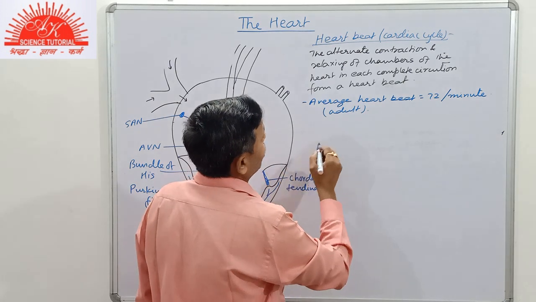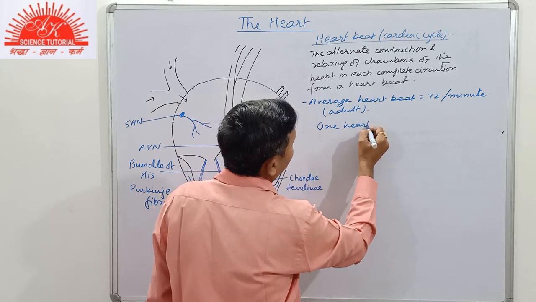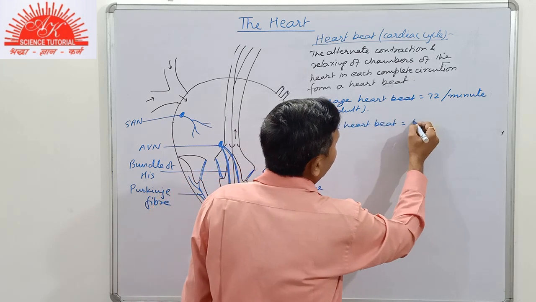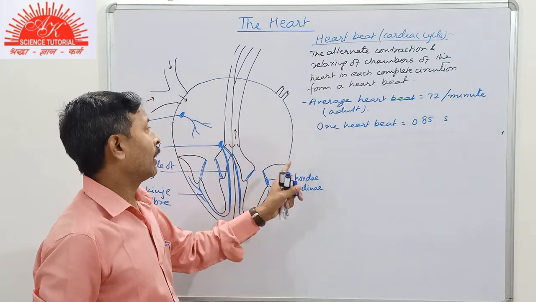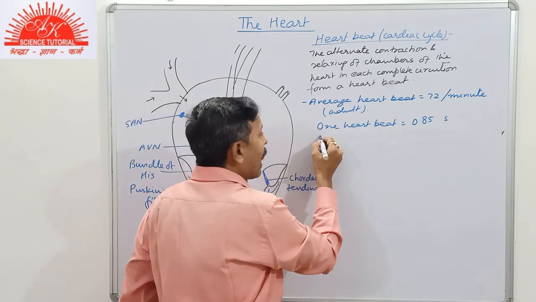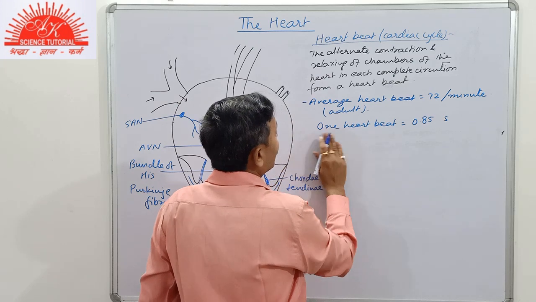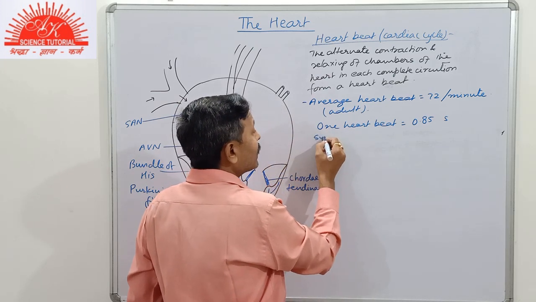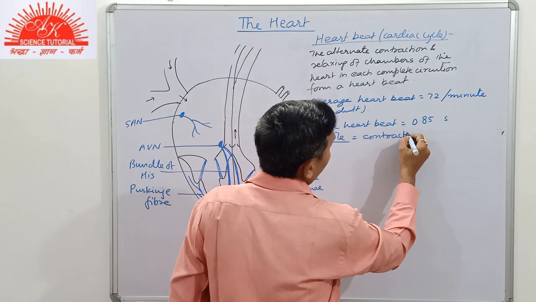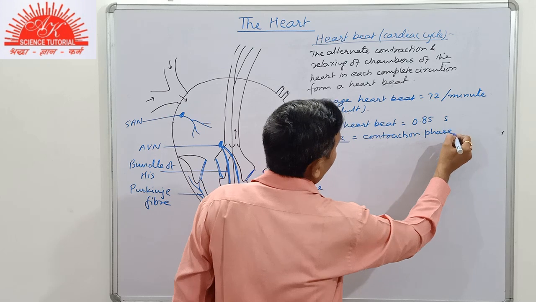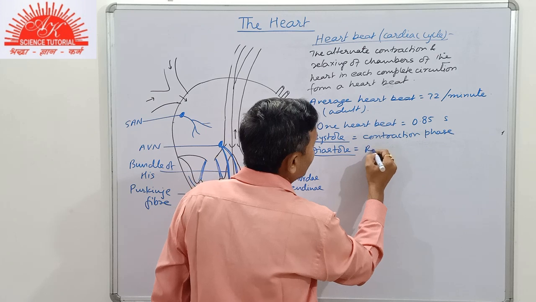Now what are these phases? One complete heartbeat takes about 0.85 second. Now the steps are, first, the auricular systole. Here you can see systole is the contraction phase of the chambers of the heart, and diastole is the relaxing phase.